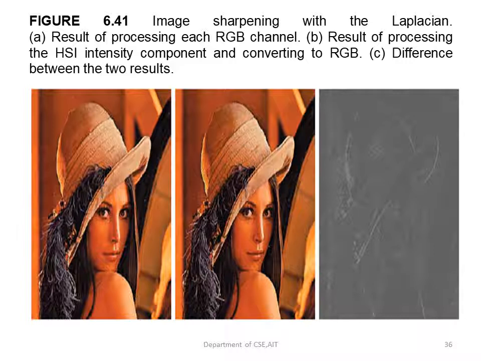In B, we have a sharpened image based on the HSI components of figure 6.39. This result was generated by combining the Laplacian of the intensity component with the unchanged hue and saturation components. The difference between the RGB and the HSI sharpened images is shown in figure C.